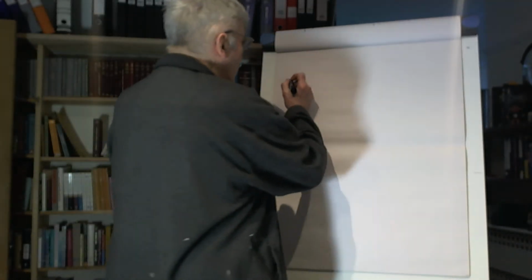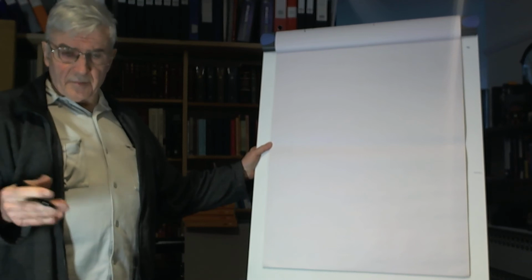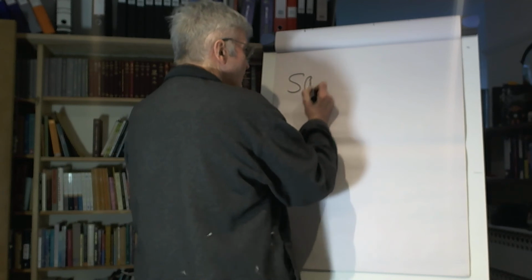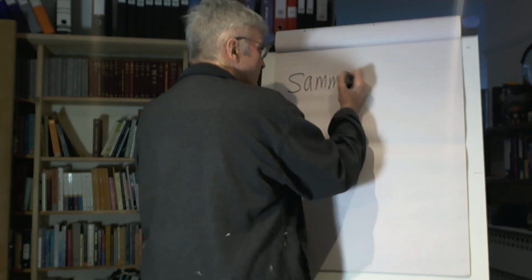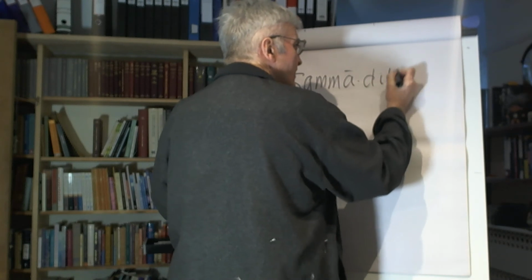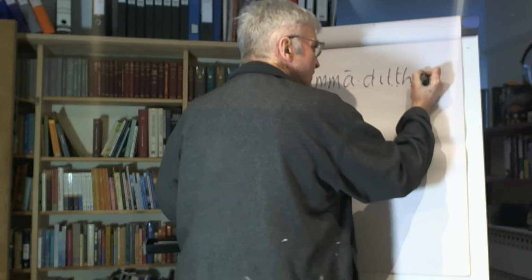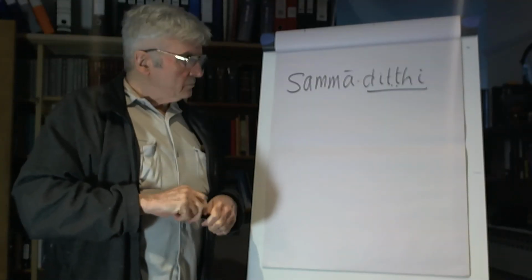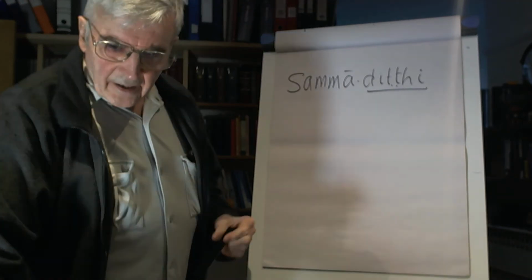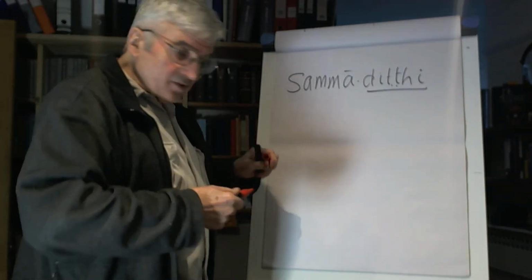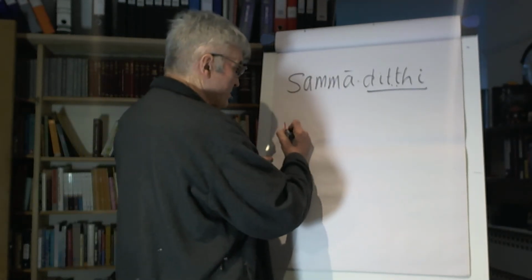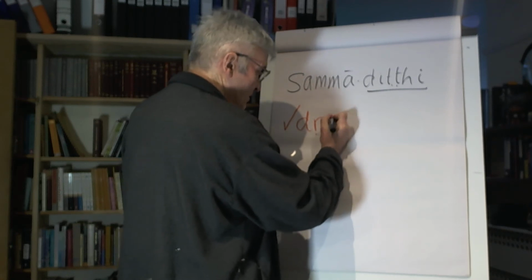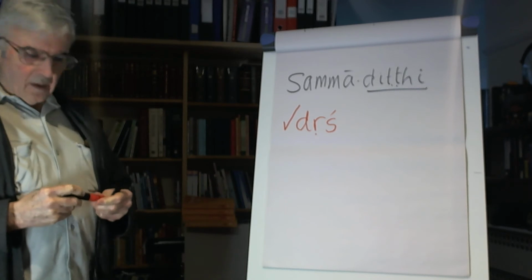Let's take, for example, right view as part of the Noble Eightfold Path, samma ditthi. So this word ditthi, meaning view, can be analyzed back from its Sanskrit root, the root drish, meaning to see.